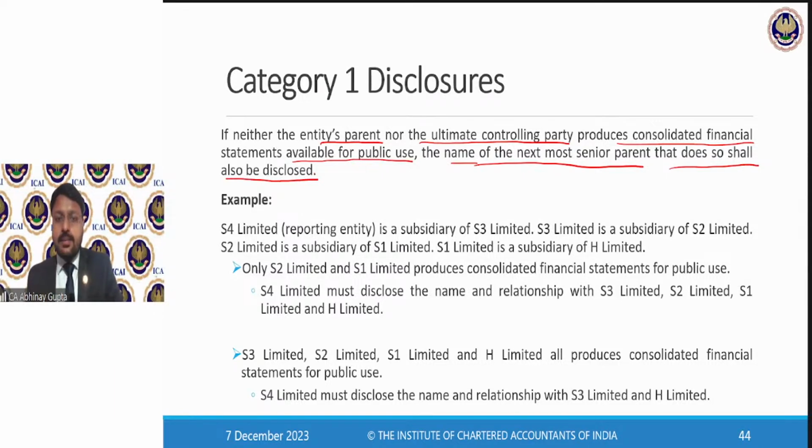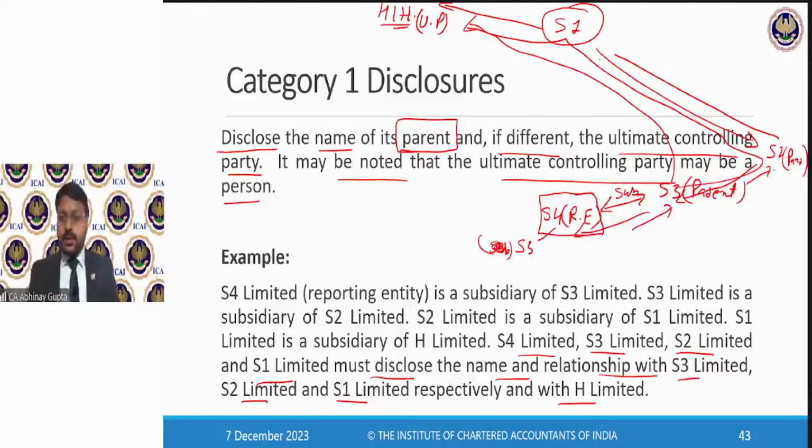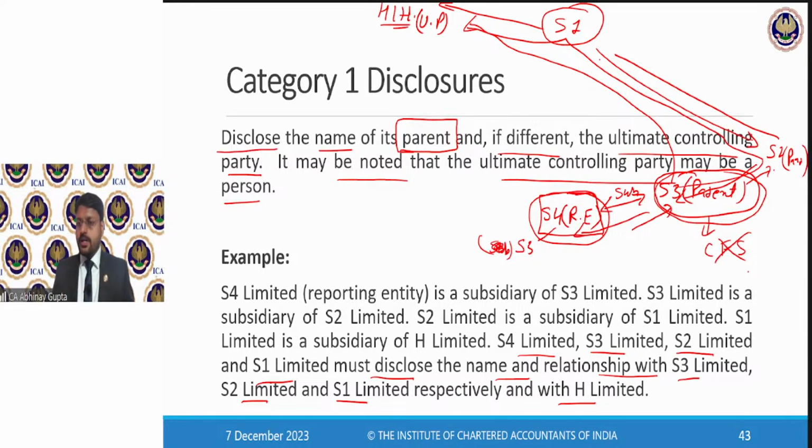Now, in the same example, what happens if the entity's parent company, who was the parent company? So S3 was the parent company for S4, right? Because we are preparing the financial statements of S4. So S3 does not produce consolidated financial statements, right? Does not produce. Then what we need to do?